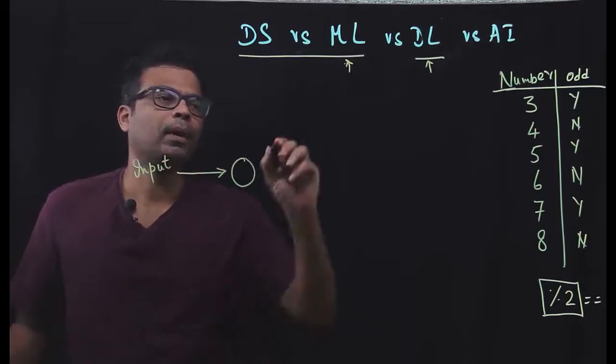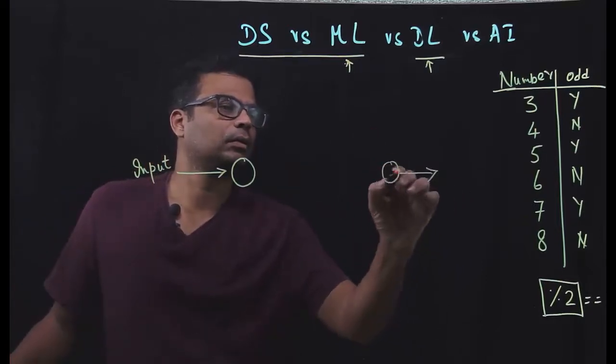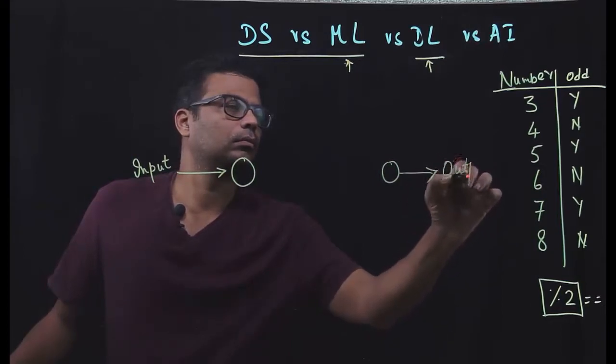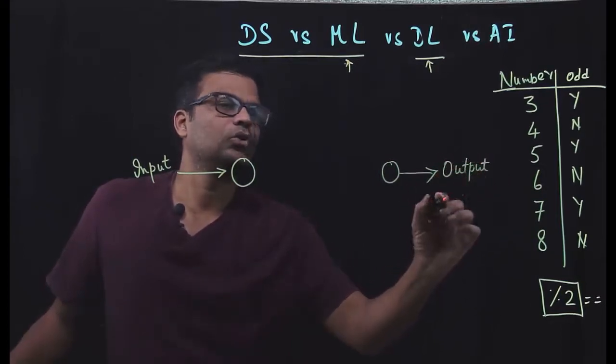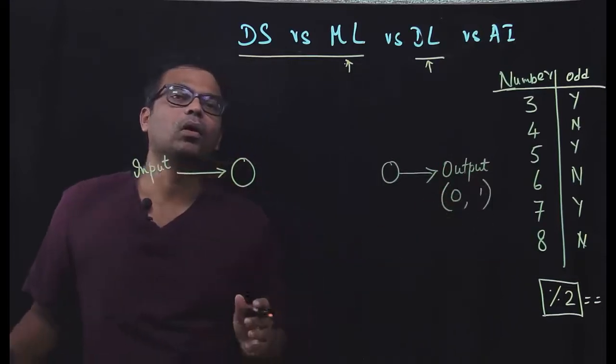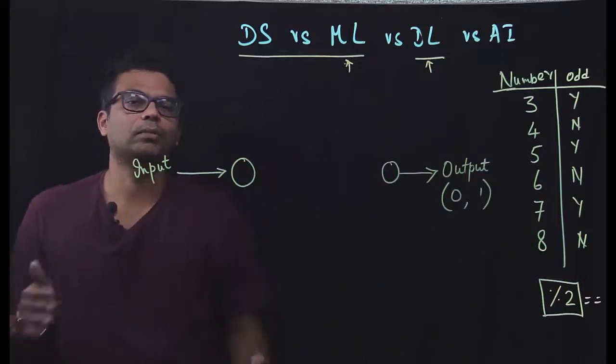And then the output is a classifier. This will say 0 or 1 depending on if the input is an odd number or an even number.